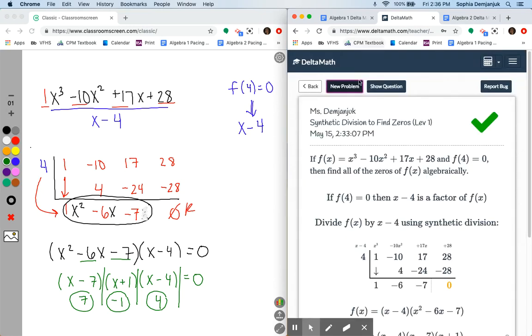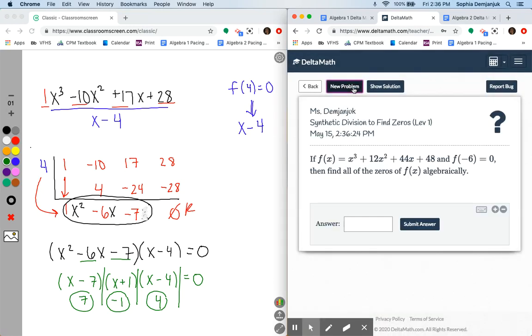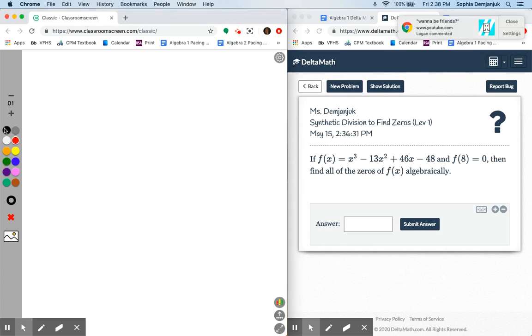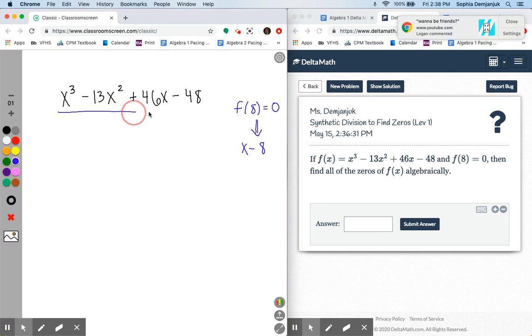All right, let's do one more example like this. So for this example, I'm starting off with x to the third minus 13x squared plus 46x minus 48. And I was told that f of 8 equals 0. This notation implies that x minus 8, we're flipping the 8 to become a negative 8 with the x, is a factor.